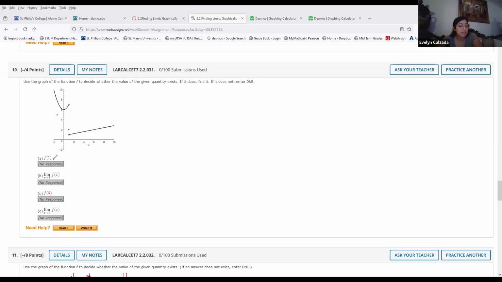It's what is the function doing at 1, right? You input 1. So what is the output? In this case, it would be 2, because 1's right here, right? So this answer would be 2.